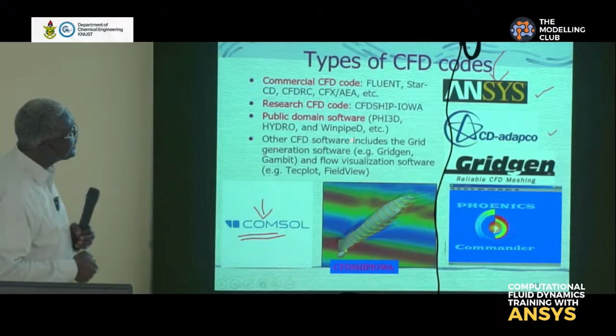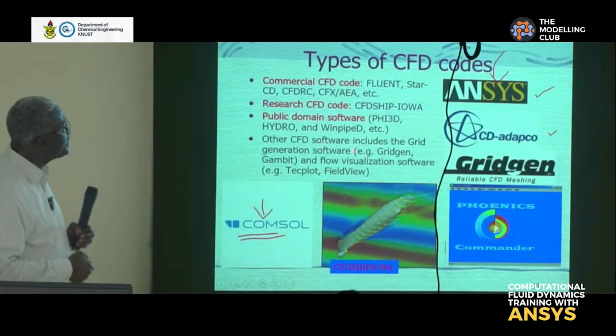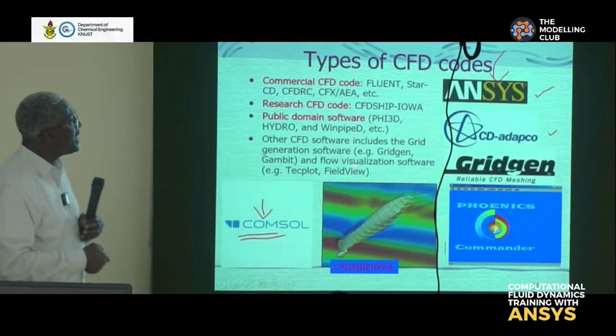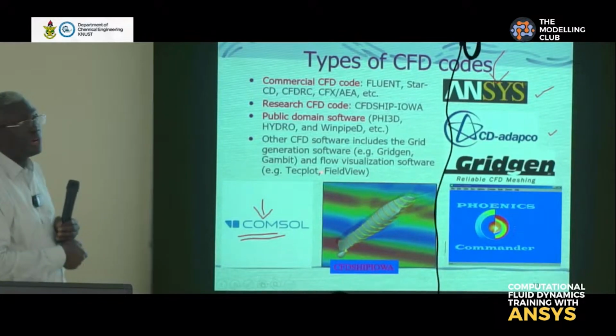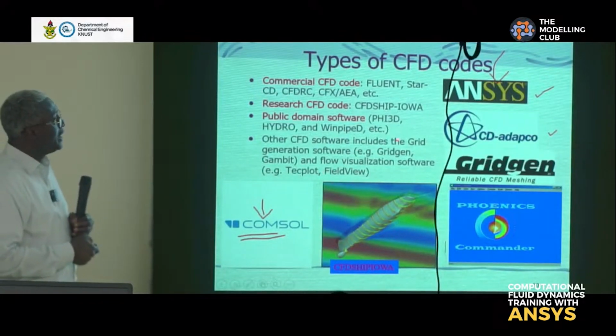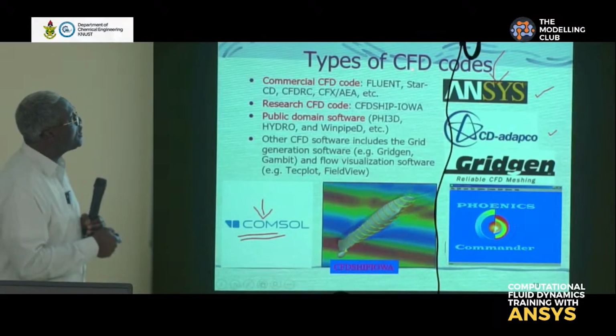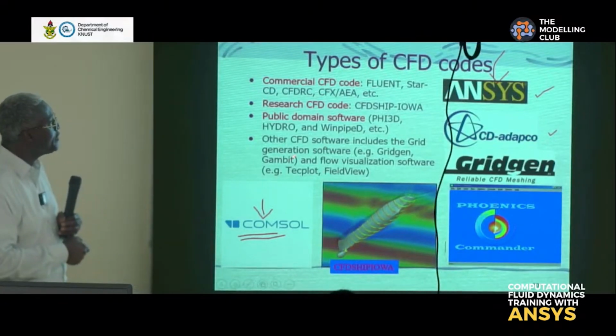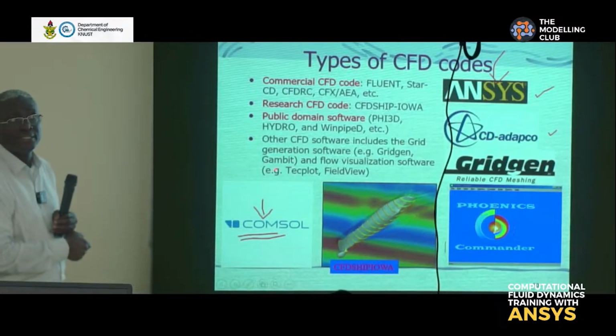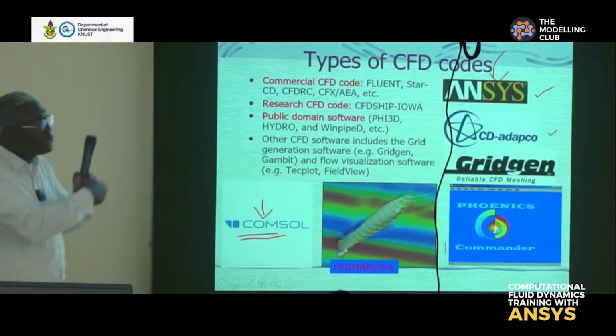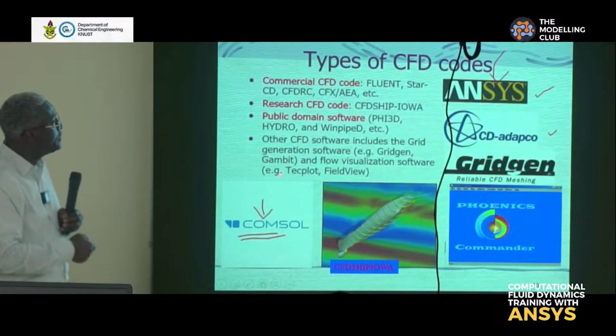And then even in doing your CFDs, there are grid generation softwares, okay? A long time ago, in order to do Fluent, you needed the grid generation software Gambit, to be able to generate your grid before you did your computations in Fluent.